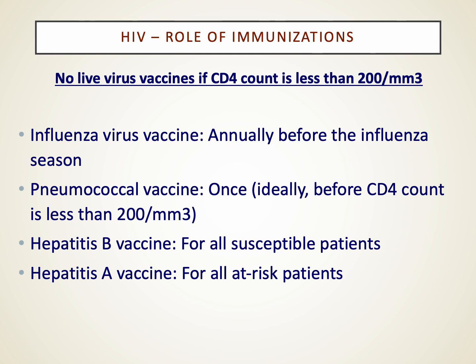We're going to avoid live vaccines if their CD4 count is less than 200. But thankfully, most patients with HIV, if they're managed on antiretroviral therapy, won't see their CD4 counts go much below 500. So we're really hopeful there.